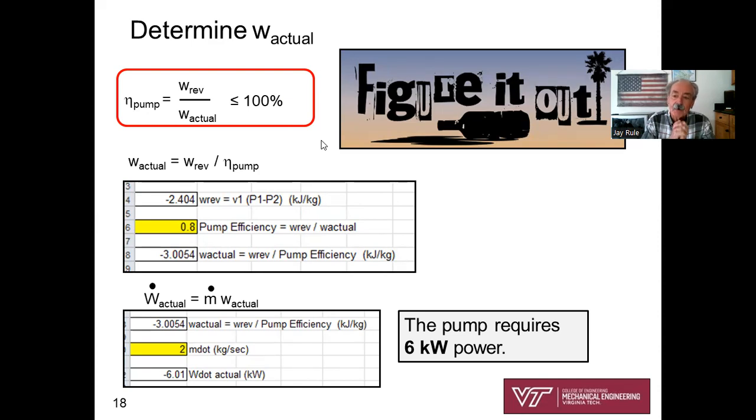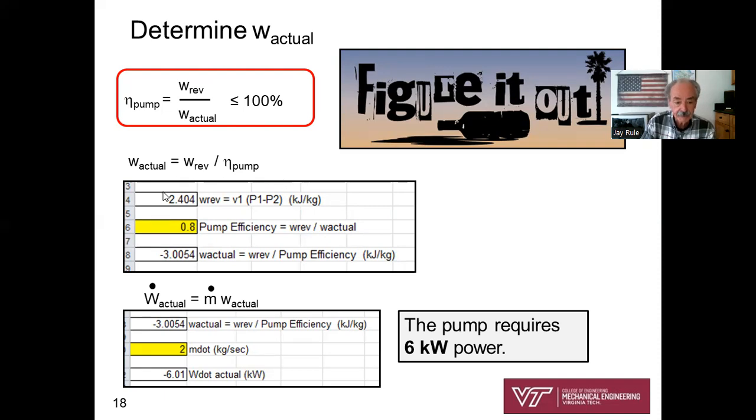I think it's the reversible and adiabatic process, less power. And so you want to be able to plop down this definition of pump efficiency on your own. So we've got W reversible, it's a negative number, so I would expect W actual to be a more negative number. So W actual is W reversible divided by pump efficiency, eta pump.